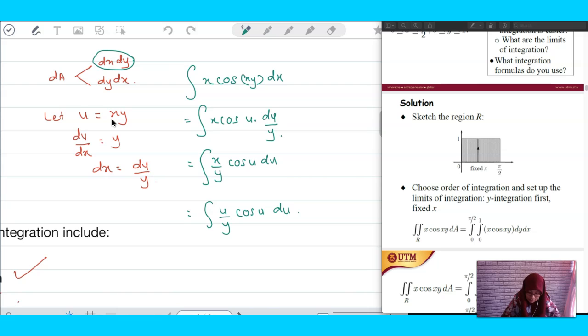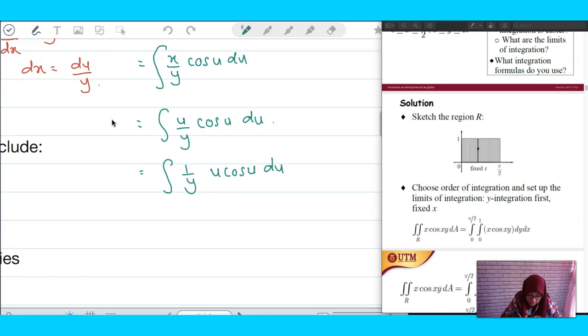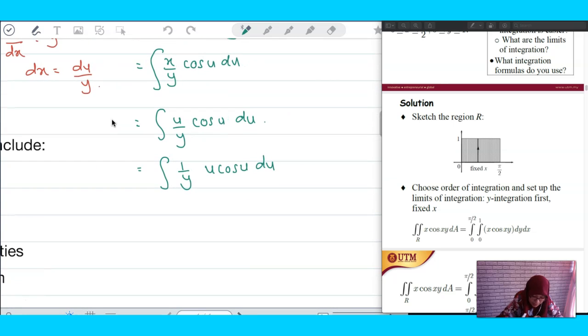Okay. So it looks like you have 1 over y, and then u cos u du. Then we can apply integration by parts, because you have u cos u.